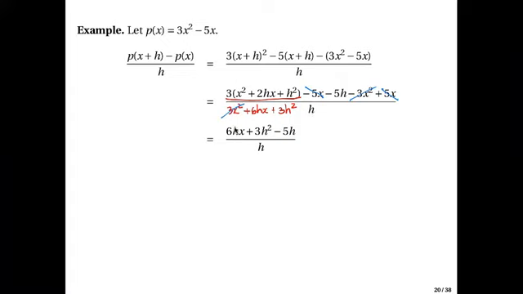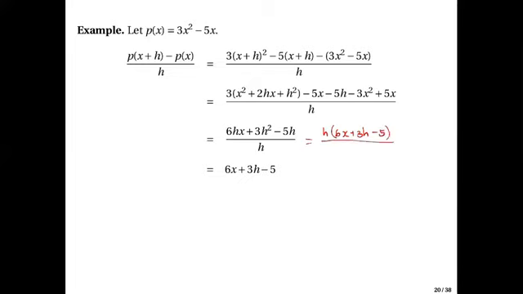And then notice this has h, this has h, this has h. You can factor that h, and then you cancel the h in the denominator. So what happened here? This equals h times 6x plus 3h minus 5.